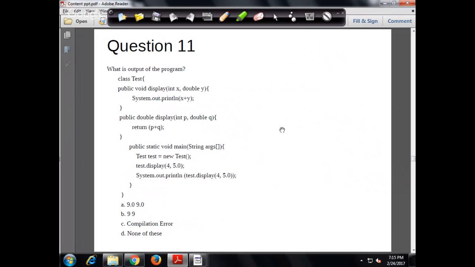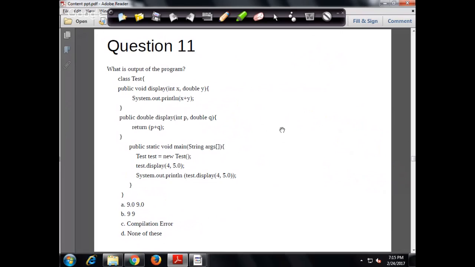Okay, I think Jitendra is still commenting about question number 10, but we have moved on to question number 11. Can I have some answers for question number 11?